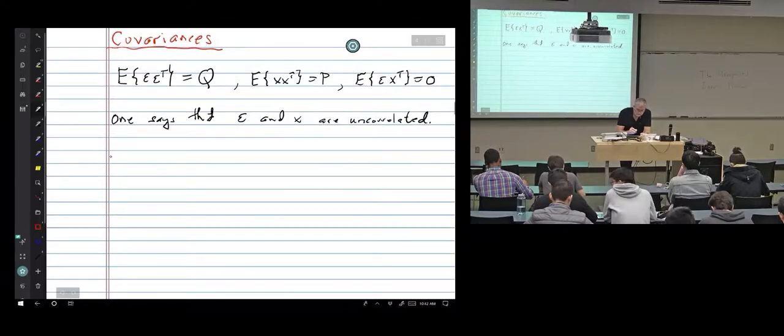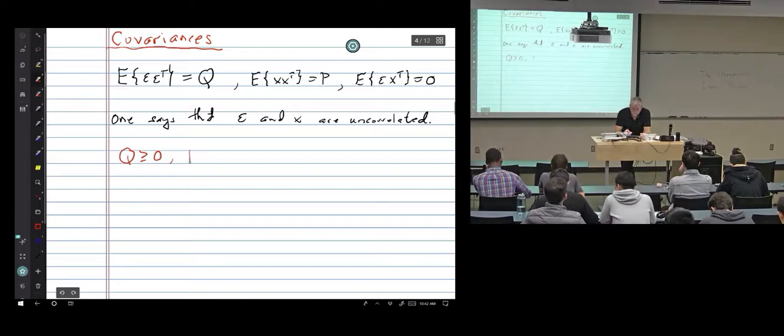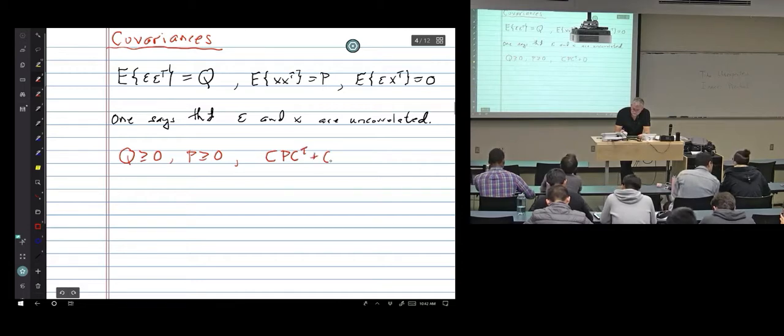Okay, assumptions. Q is positive semi-definite. P is positive semi-definite. And then there's one more that looks really odd at first, the first time you ever see this problem.